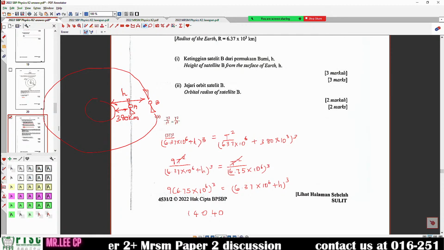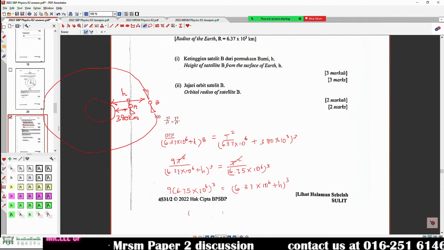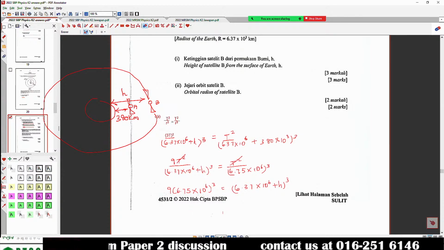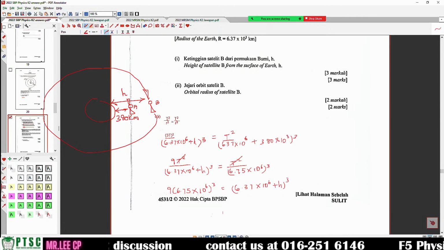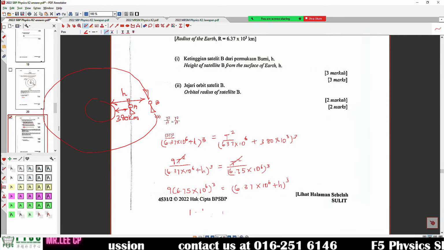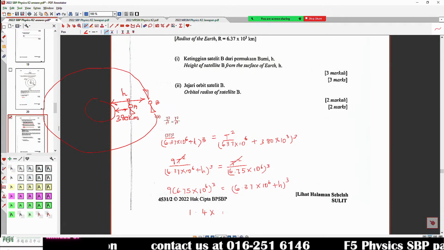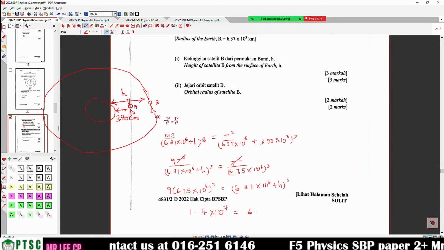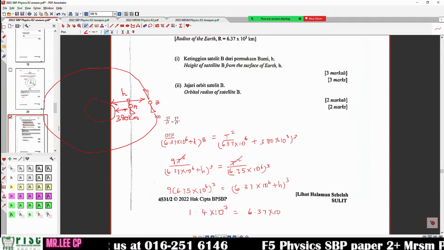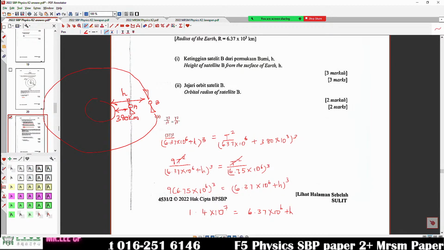So 1.4 times 10 to the 7 is equal to 6.37 times 10 power 6 plus h, right?